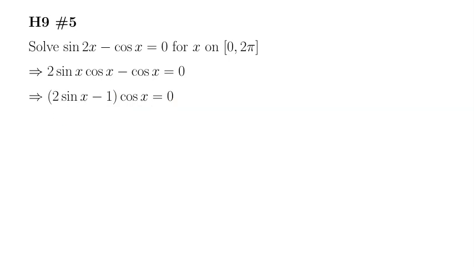You pull cosine of x out, and then what's left is 2 sine of x minus 1. So this product has to be equal to 0, so we can make one of the factors equal to 0. For example, we can make 2 sine of x minus 1 equal to 0, which means that sine of x has to be equal to 1/2.